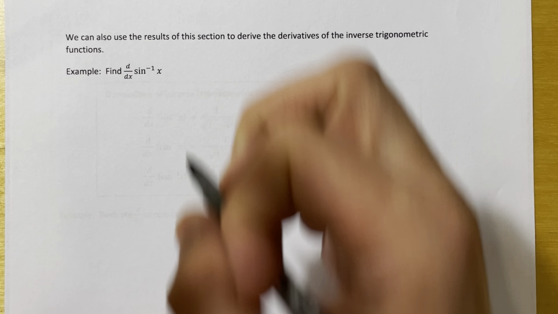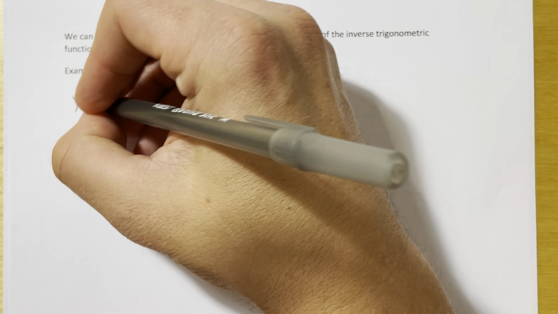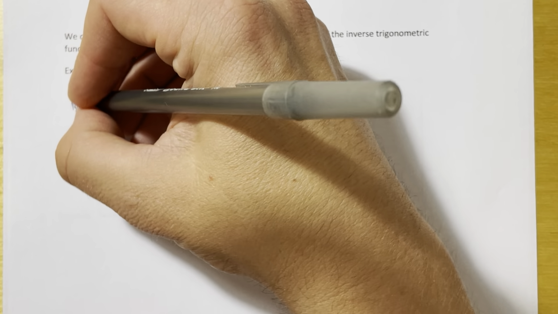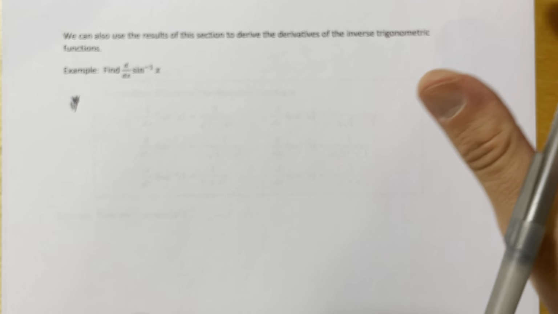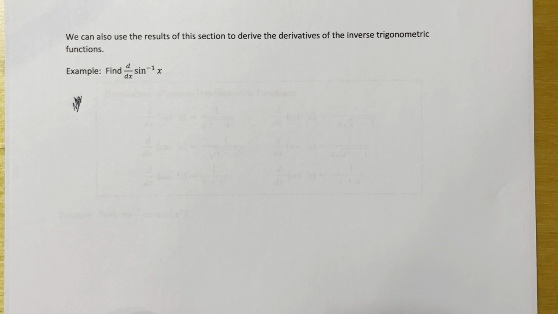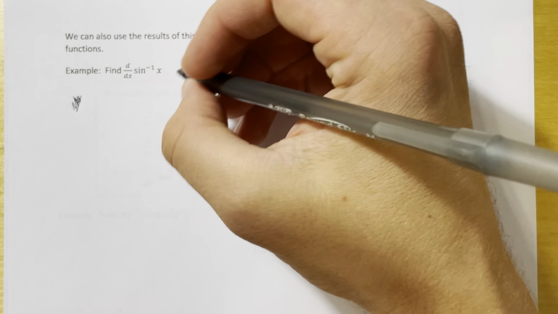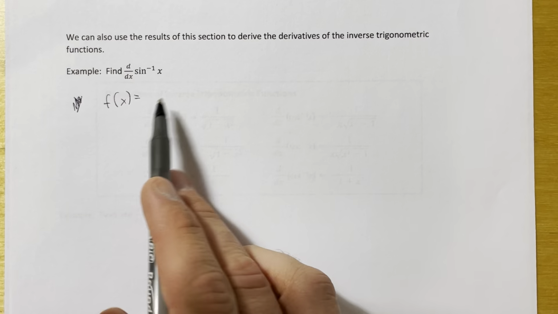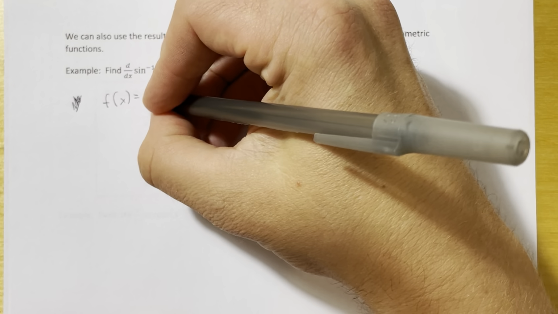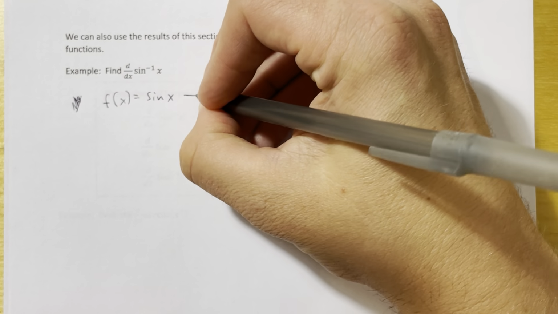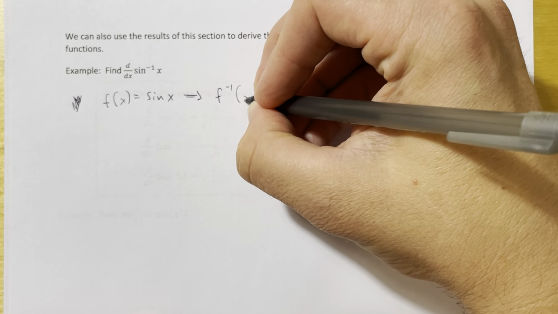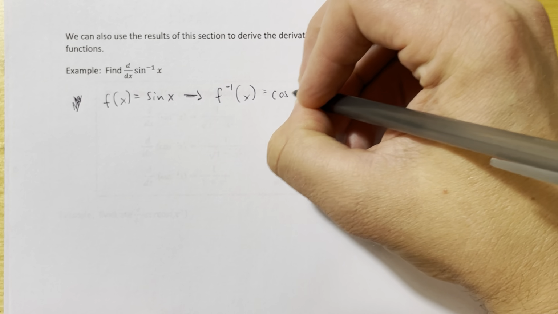And the trick here is to think of this in terms of the derivative of an inverse function, a little formula that we used previously. So if f of x is equal to sine of x, then that implies that my inverse function, f inverse of x, is the inverse sine of x.